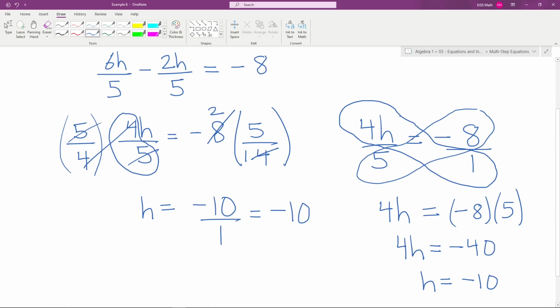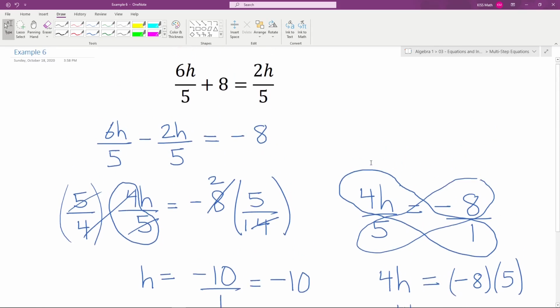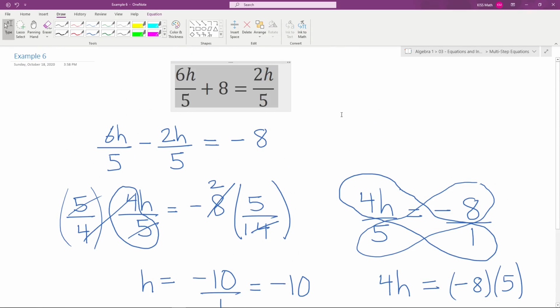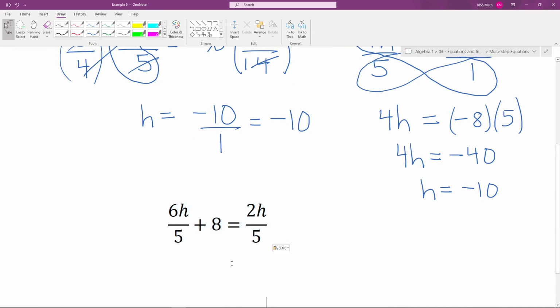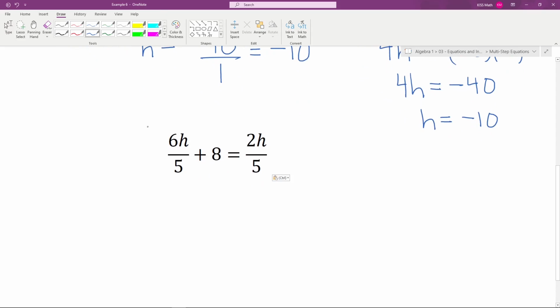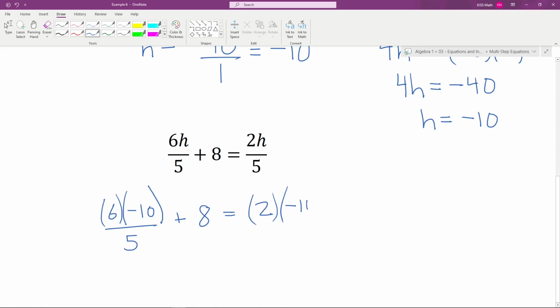So last but not least, we have to check our answer. So let's look at the original equation. I'm going to copy it down here. So plugging in -10, we get 6 times -10 over 5 plus 8 equals 2 times -10 over 5.